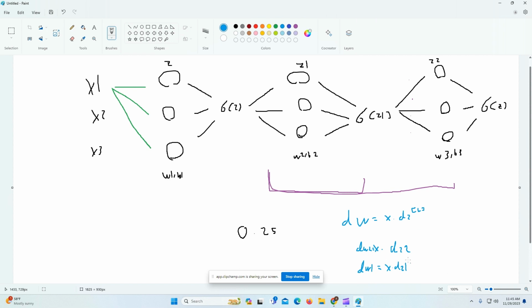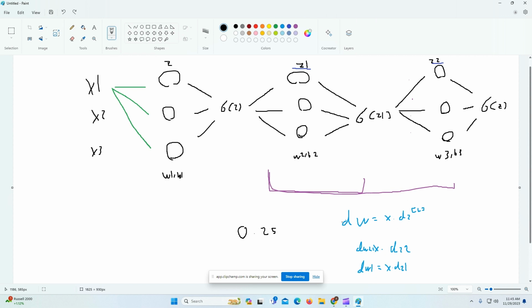right? And imagine we keep going back and back. Our derivative of z's are going to keep getting smaller and smaller, right? Because we keep taking derivative of z's, right?